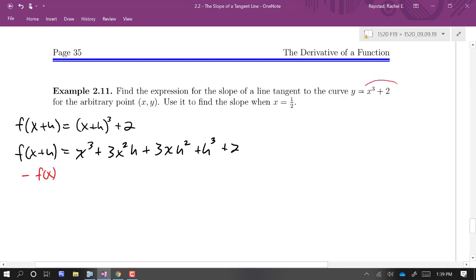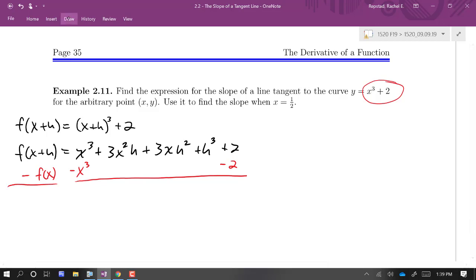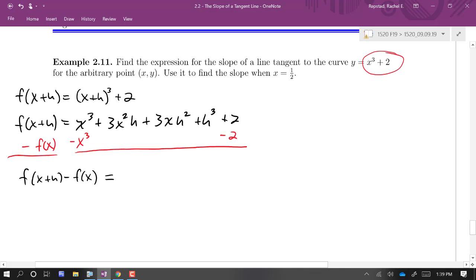What I'm really doing is subtracting x cubed and subtracting 2. And the expression we're left with after stuff cancels is 3x squared h plus 3xh squared plus h cubed.